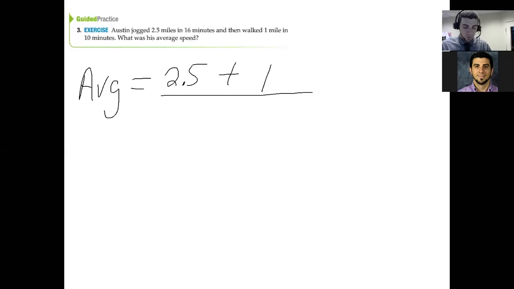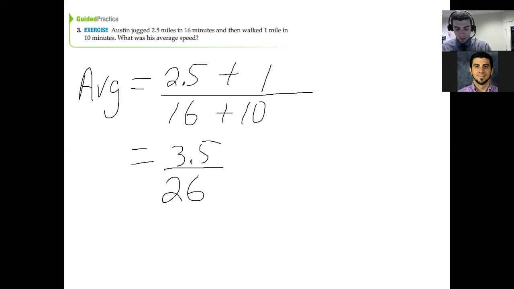Okay. So then his total time is 16 minutes that way plus 10 minutes the other way. So that's 3.5 divided by 26. And when you divide those out, you get about 0.13.